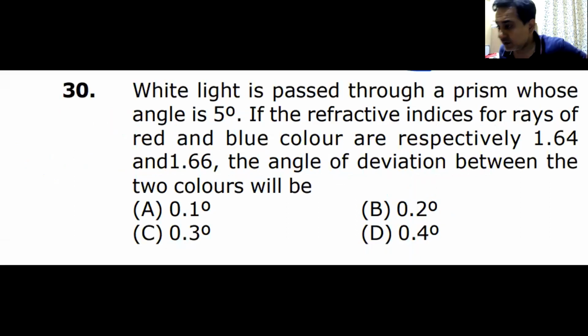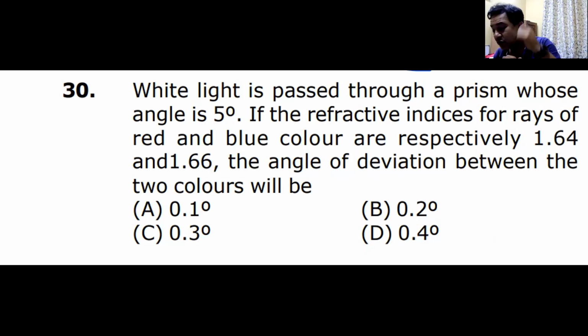This question number 30, same page, same section. White light is passed through a prism whose angle is 5 degrees. The refractive indices for rays of red and blue color are respectively 1.64 and 1.66. Blue will be more, red will be less.